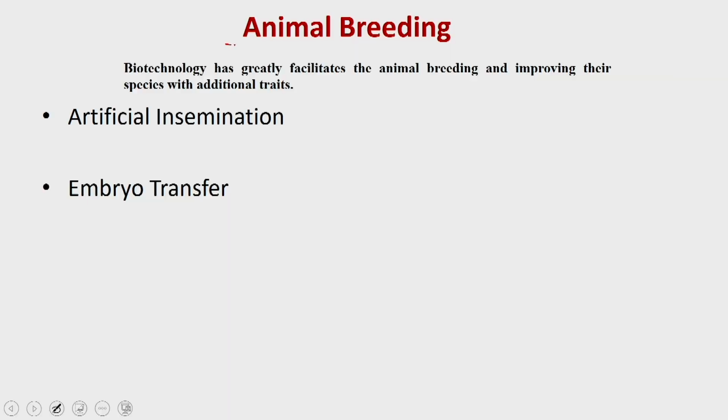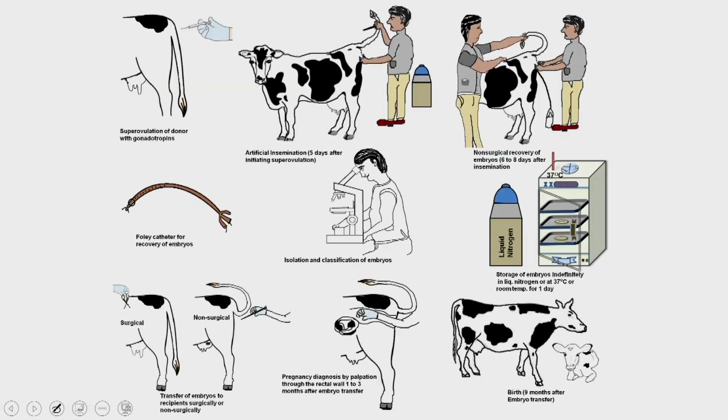In animal sciences, we discussed artificial insemination as well as embryo transfer. What we discussed about embryo transfer is that many times when you have a very good breed of cow, buffalo or cattle, you cannot afford to have those animals, but what you can afford is having the embryos.